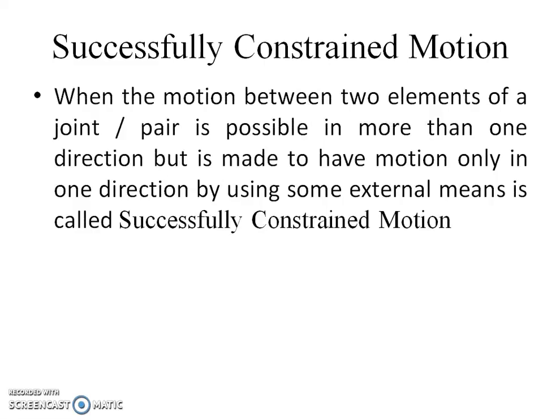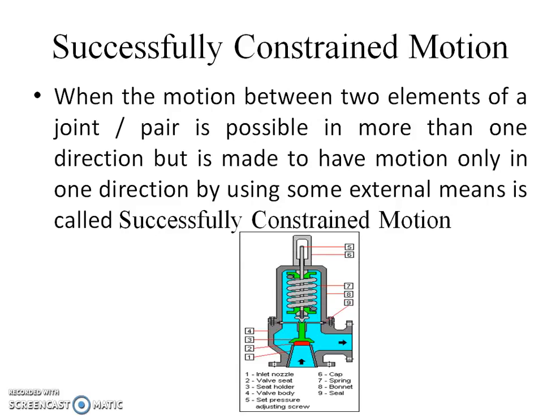Successfully constrained motion. When motion between two elements of a joint pair is possible in more than one direction, but is made to have motion in only one direction by using some external means, it is called successfully constrained motion. An example is this poppet valve. This valve is made to be seated on the valve seat with the help of spring pressure.